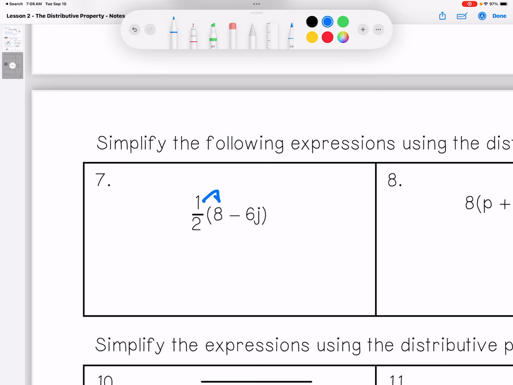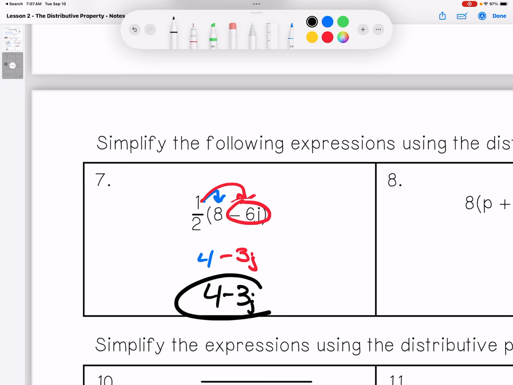All right, half times 8 is 4. Half times negative 6j is negative 3j. Now remember that negative goes with it, okay? Please remember that negative goes with it, okay? So the answer is 4 minus 3j.